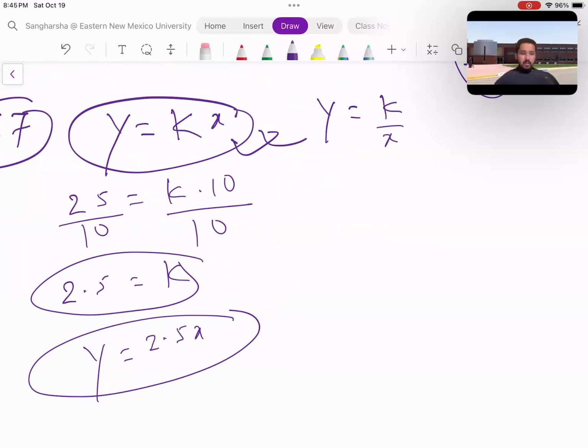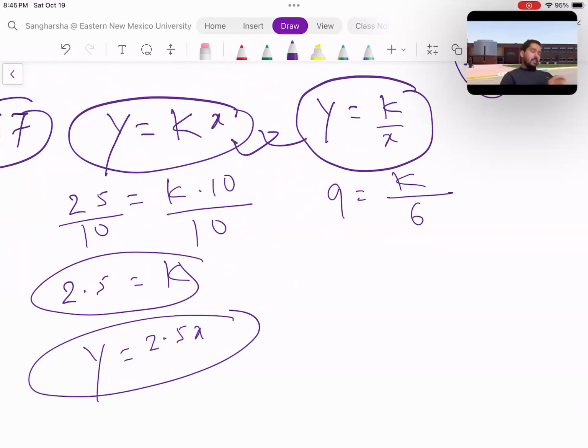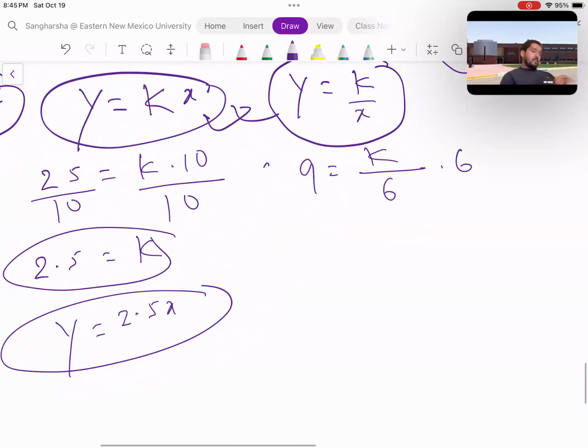Number 69. y varies inversely as x. Inversely means you are writing y equals k/x. You substitute y equals 9, which is given to you. k is unknown. x is given as 6. So you multiply both sides by 6.